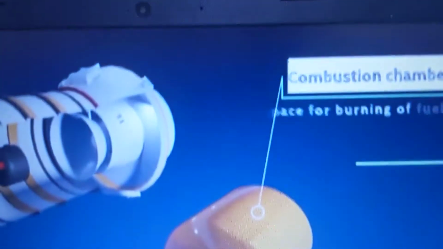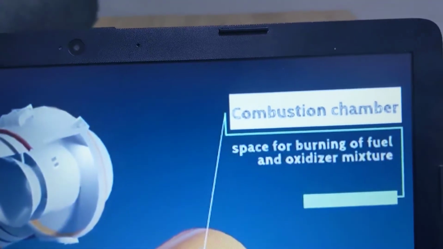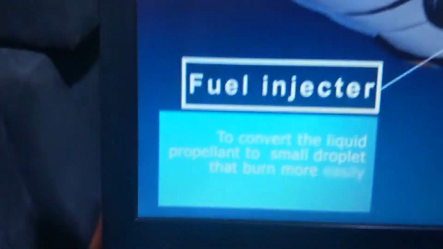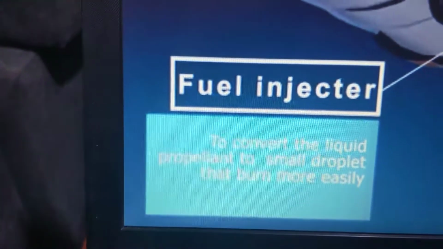And this part of the rocket is the combustion chamber, the space for burning of fuel and gases. Now look here at each and every part. The fuel injector exists here to convert the liquid propellant to droplets.